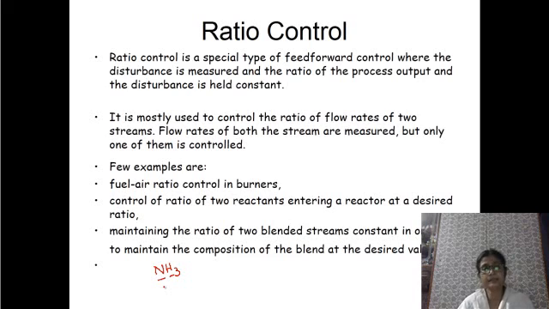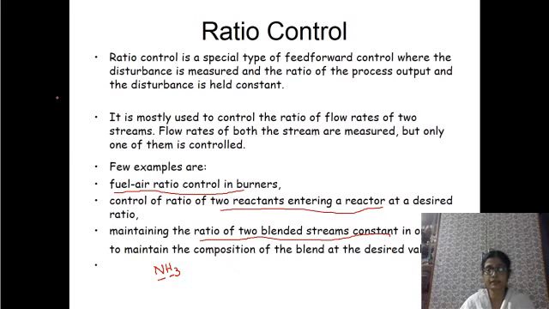There are certain other examples like fuel air ratio control in a burner, control of the ratio of two reactants entering a reactor, where a fixed ratio should be maintained, and the ratio of two blended streams, which should be maintained at a constant.